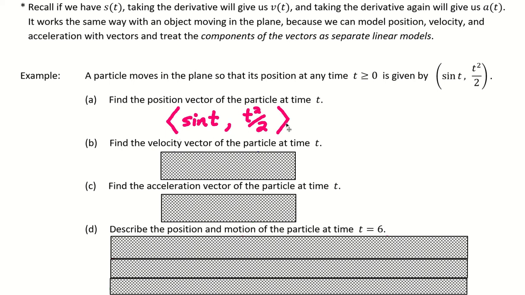Let me just make sure I can wrap my brain around this. The coordinates at any time, so the position vector. I don't know if this is a big detail, but exactly at 0, we're positioned at 0, 0. But anyway, maybe I'm overthinking that.